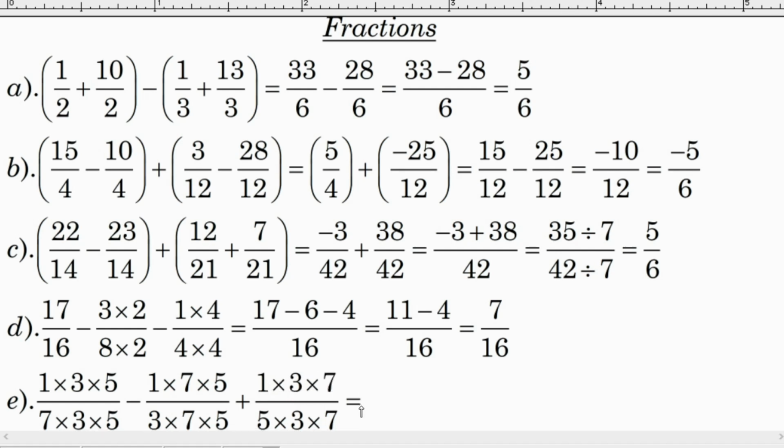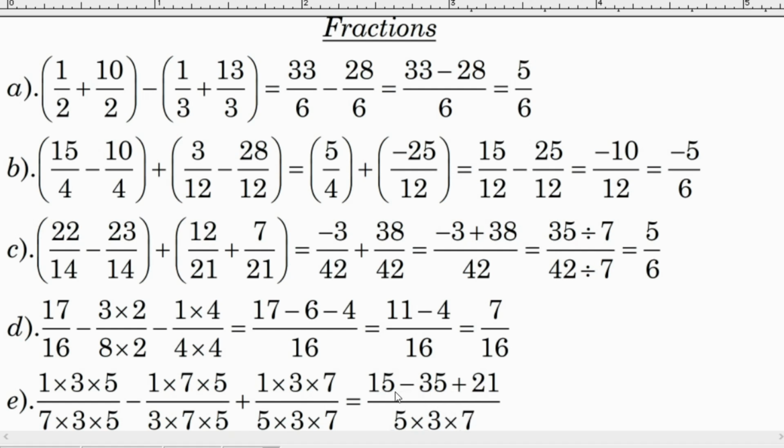Okay, so then here we have 3 multiplied by 5 equal 15. Okay, so we just put the same denominator. We just take any one of them. Alright, so then minus 7 multiplied by 5 equals 35. And then plus 7 multiplied with 3 equals 21.